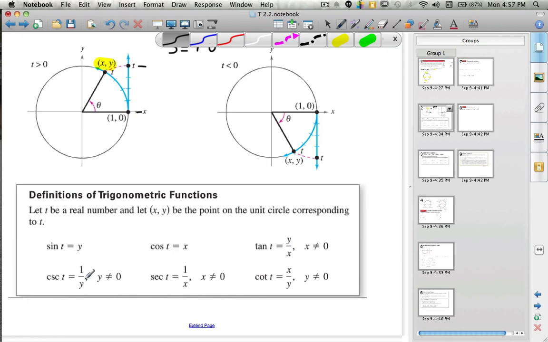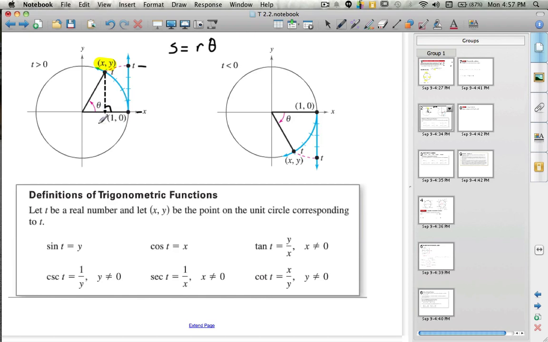And then of course cosecant is the inverse of sine, secant is the inverse of cosine, and cotangent is the inverse of tangent. And the reason this works is that if I drop a line here straight down, I will have created a right triangle.